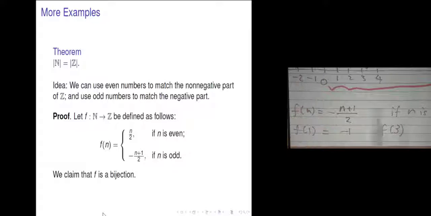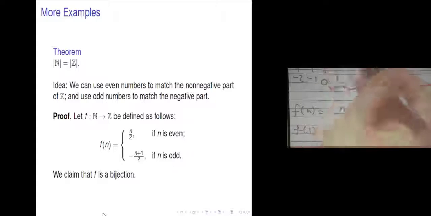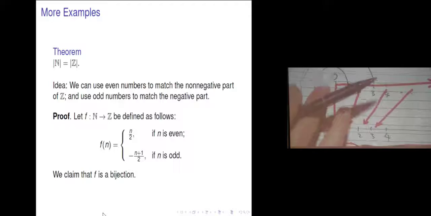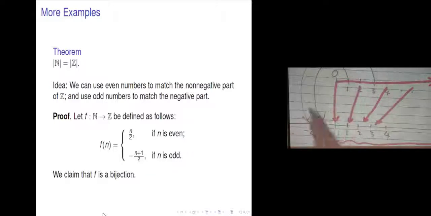Is it true? Minus 3 plus 1 is -2... 4 divided by 2 is 2, so this is -2. So the function I described really is this function in the picture. You can see this is a perfect matching.